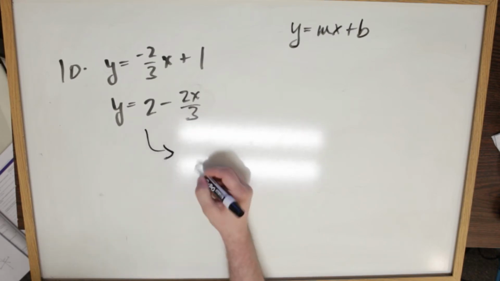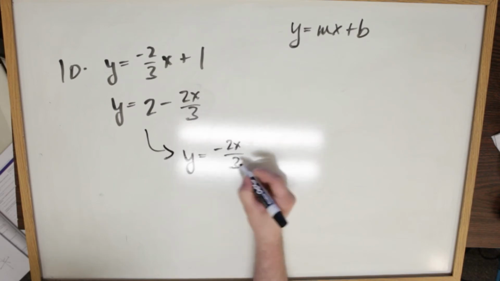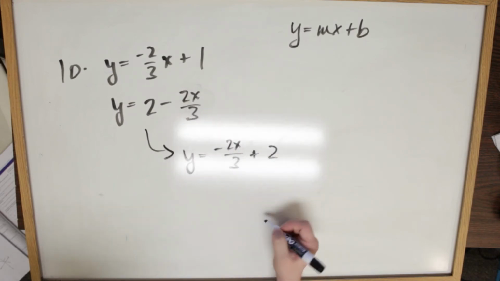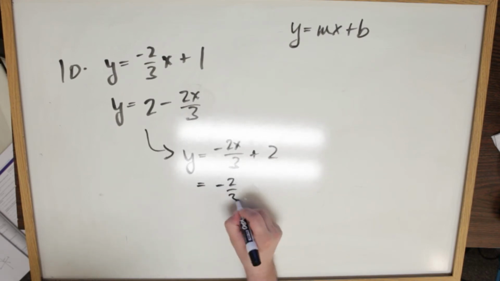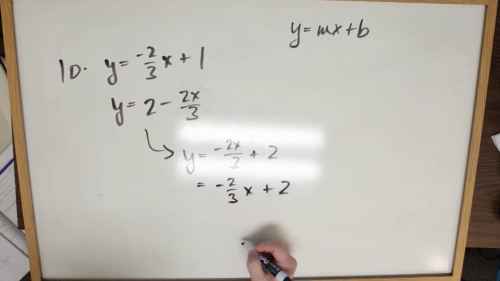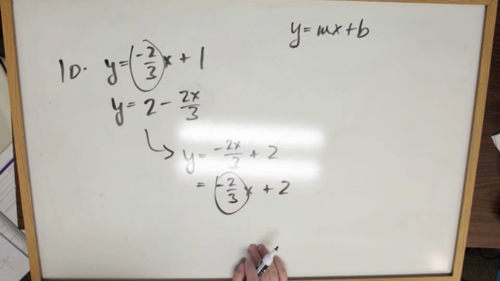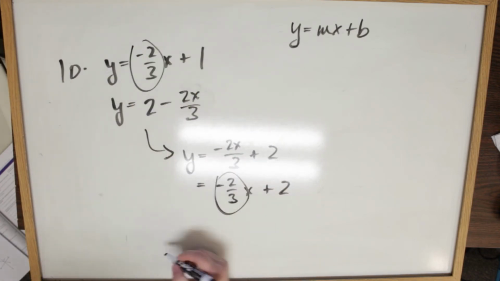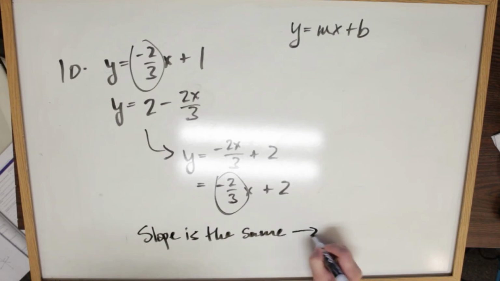So this is y = minus 2x over 3 plus 2, which is the same thing as minus 2 over 3 times x plus 2. When we're looking for parallel and perpendicular lines, we're comparing the slope, and because these are the same, the slope is the same. So that means it's parallel.